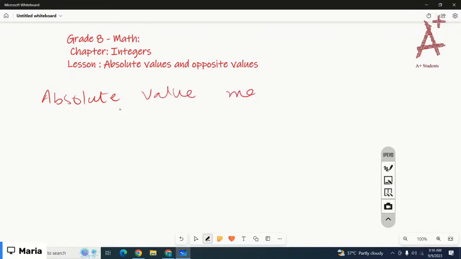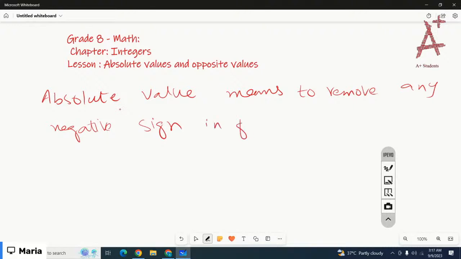Absolute value means to remove any negative sign in front of a number and to think of all numbers as positive.